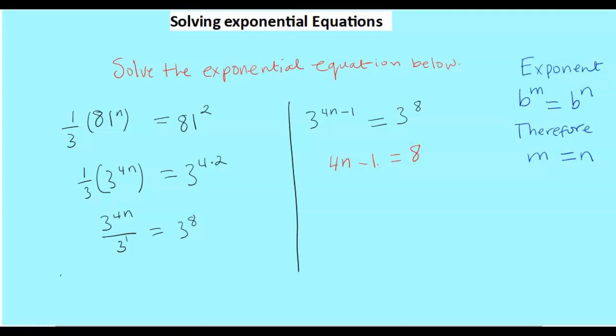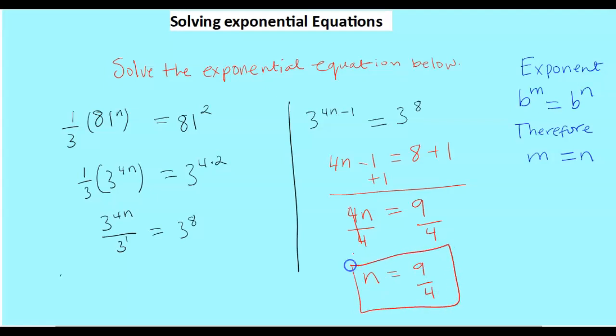We want to solve for n, so we will add 1 here, and repeat the same thing here. We'll get 4n equals 9. It's multiplied, so we divide by 4. Repeat the same thing here. We get n equals 9 over 4. We can't simplify it any further, so that gives us the answer.